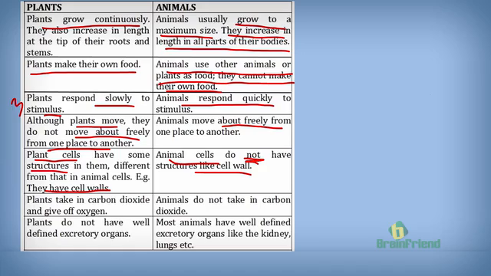Another difference is that plants take in carbon dioxide more and give off oxygen in the process known as photosynthesis. Animals, on the other hand, do not have a time when they take in carbon dioxide, because carbon dioxide to man is harmful.